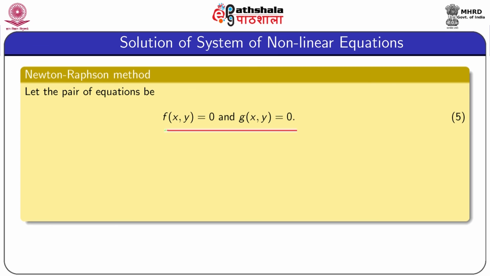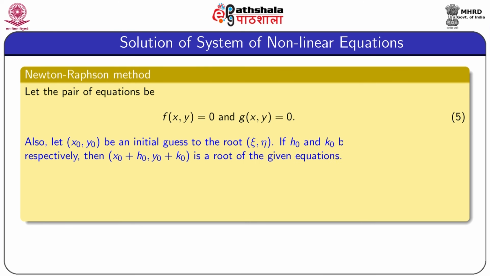Let f(x, y) equal to 0 and g(x, y) equal to 0 be a pair of nonlinear equations. Also, let (x0, y0) be an initial guess to the exact root xi, and if h0 and k0 are the errors at x0 and y0 respectively, then (x0 plus h0, y0 plus k0) is a root of the given equations.